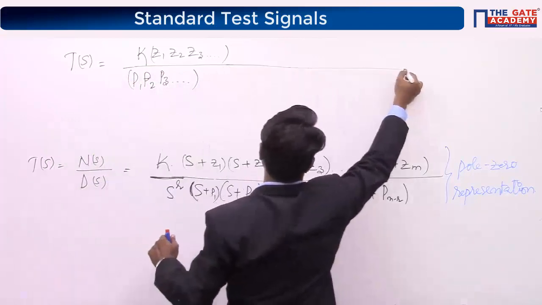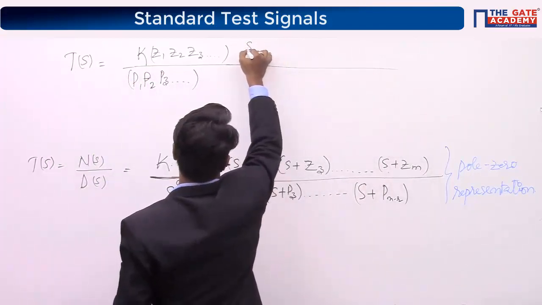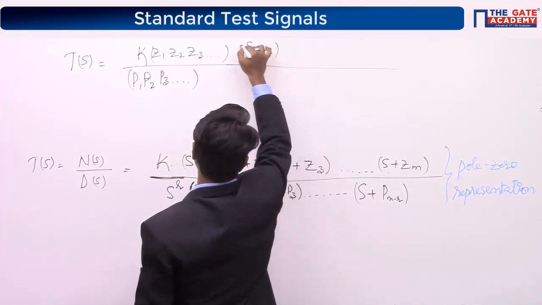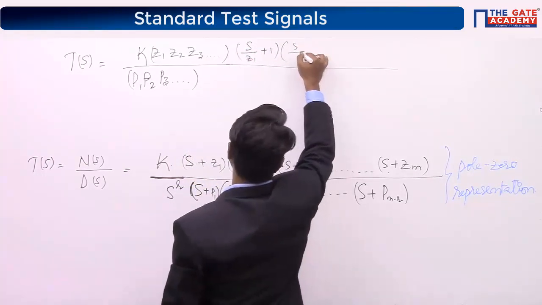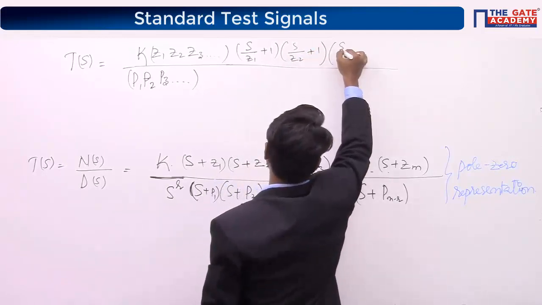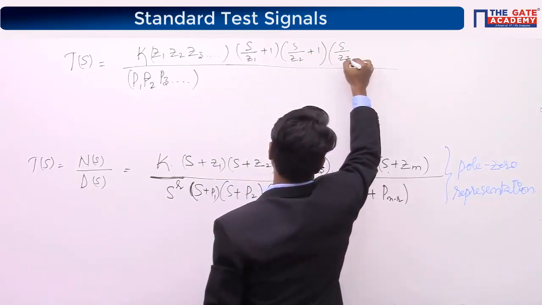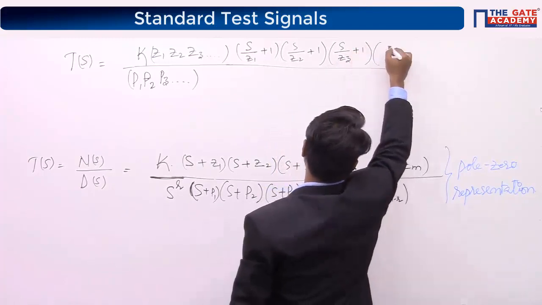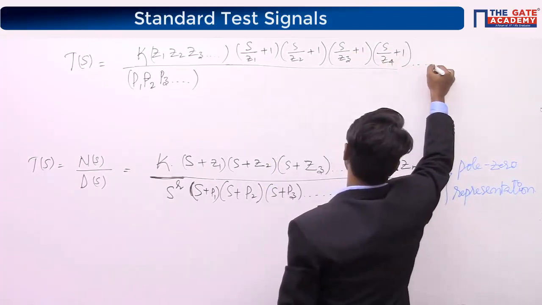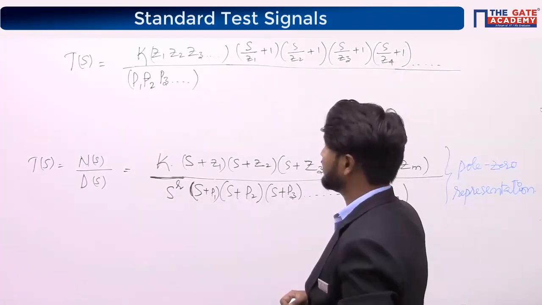So what about the numerator now? The numerator is S by Z1 plus 1 multiplied by S by Z2 plus 1, S by Z3 plus 1, S by Z4 plus 1, and so on, right?